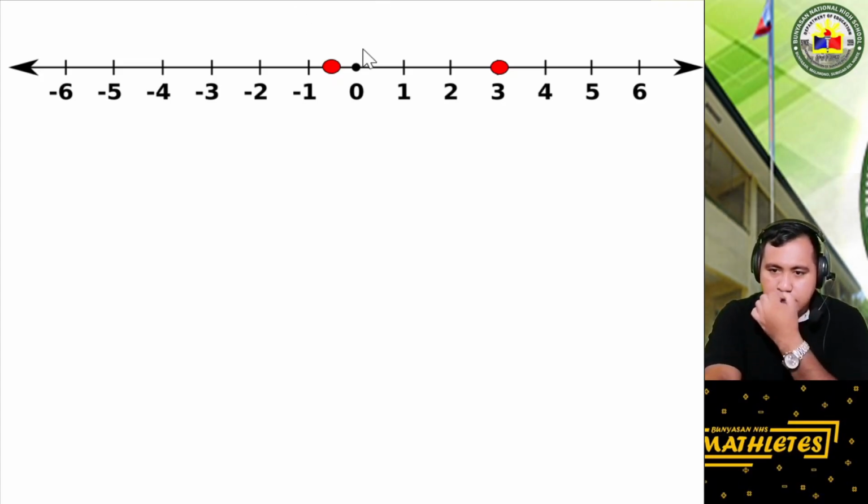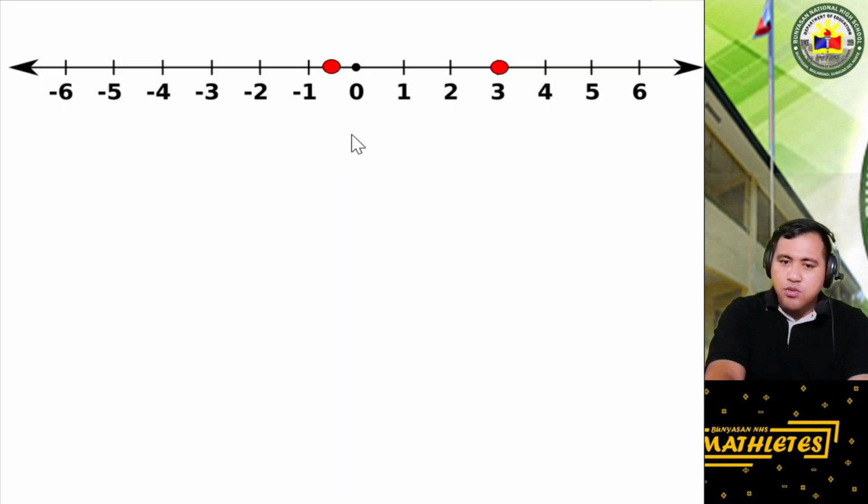Our -1/2 is between -1 and 0. And then we have positive 3. Now again, those points are the basis in finding the solution set of our quadratic inequality.